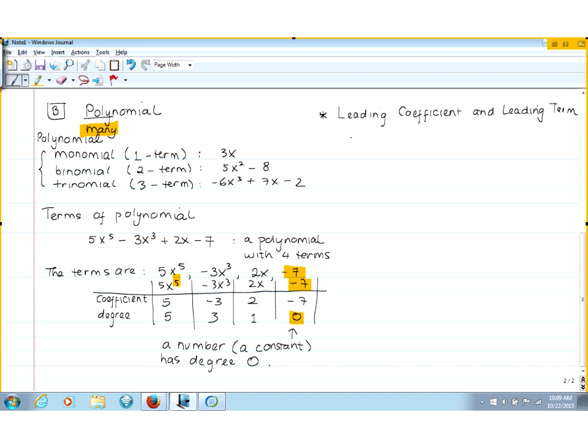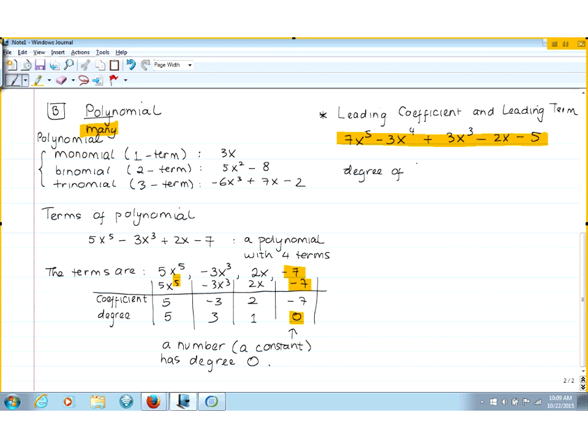So suppose I have 7x to the 5th minus 3x to the 4th plus 3x cubed minus 2x minus 5. So I'm looking at the whole polynomial.